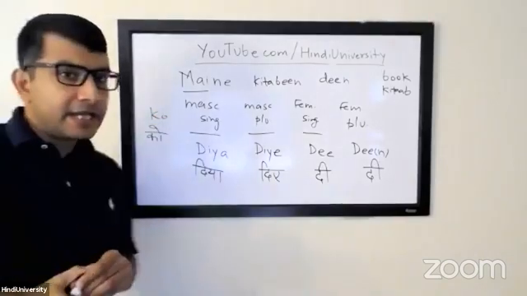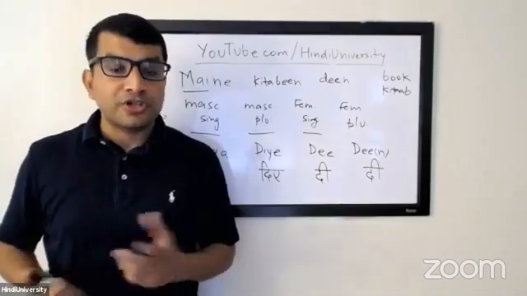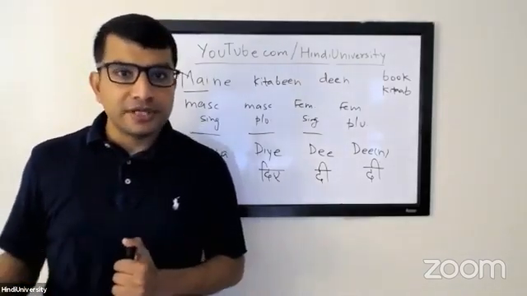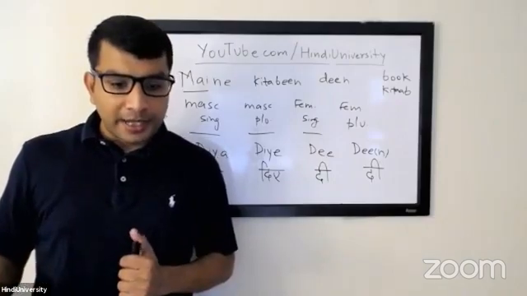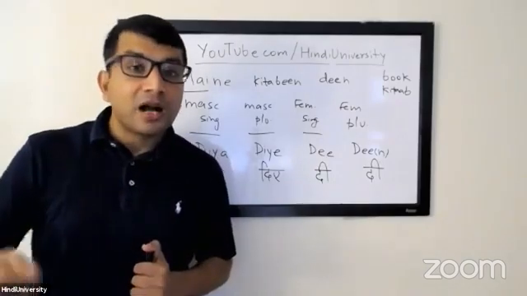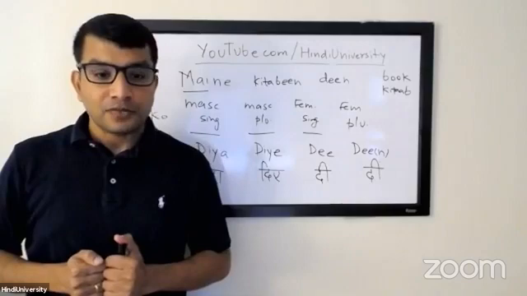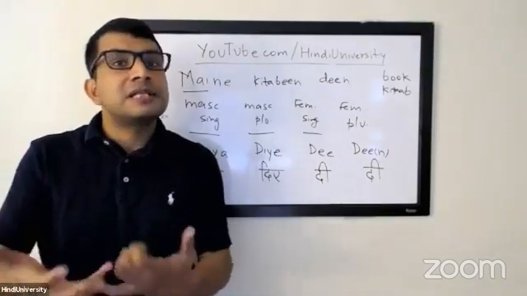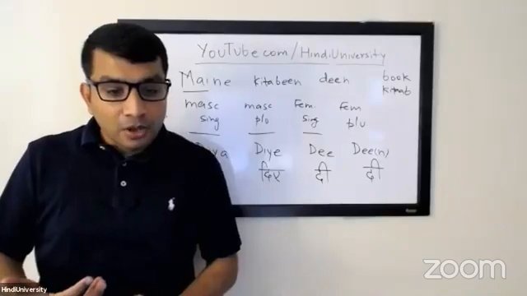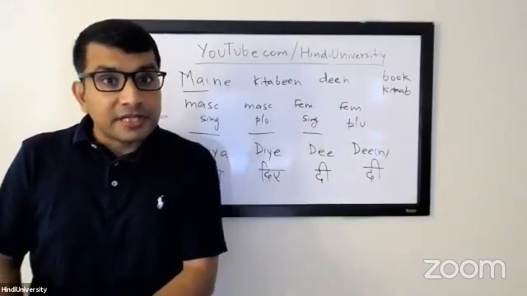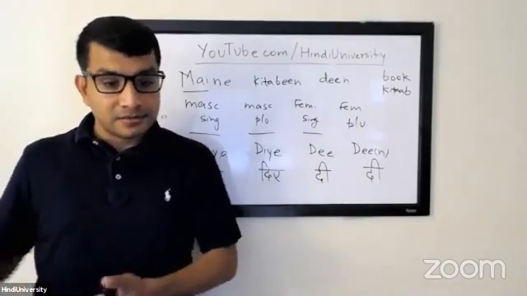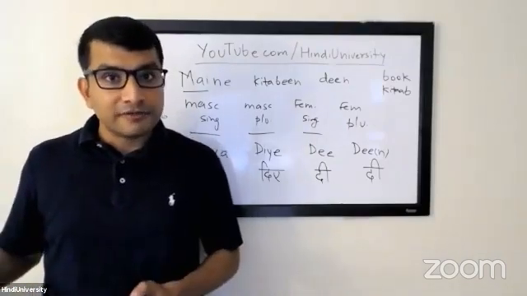So when I say मैंने gift दिया, the question could be आपने किसको gift दिया? Who did you give the gift to? I can say मैंने यिरका को gift दिया, because he is the recipient of that gift. Or I can say मैंने Sarah को gift दिया. It's the same thing whether it is a male or a female. It's the same structure.